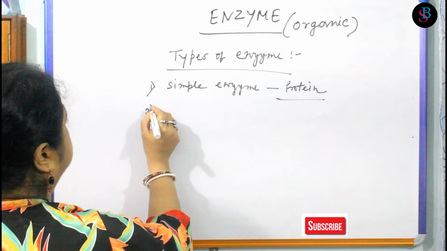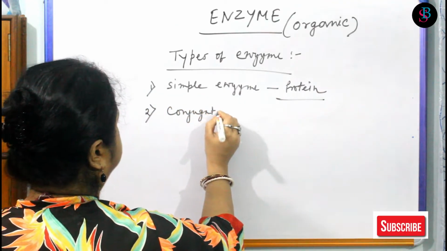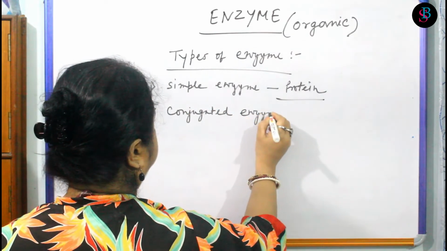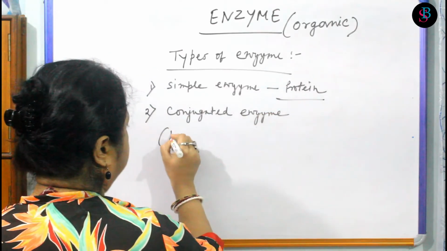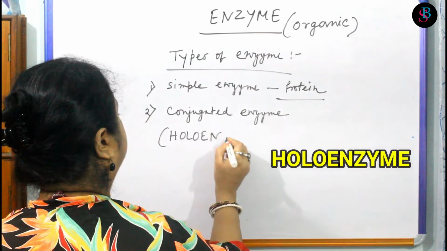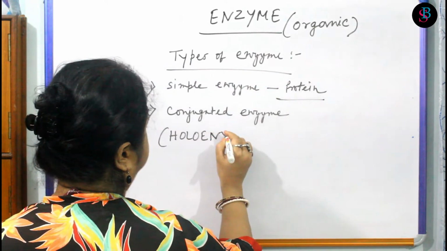And number two is conjugated enzyme, which is also known as holoenzyme, from whole.